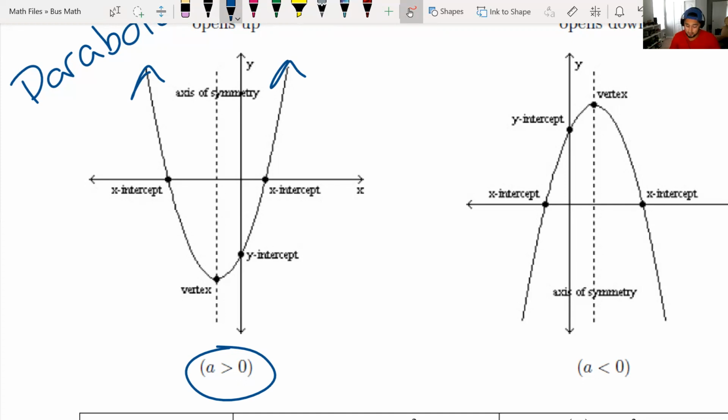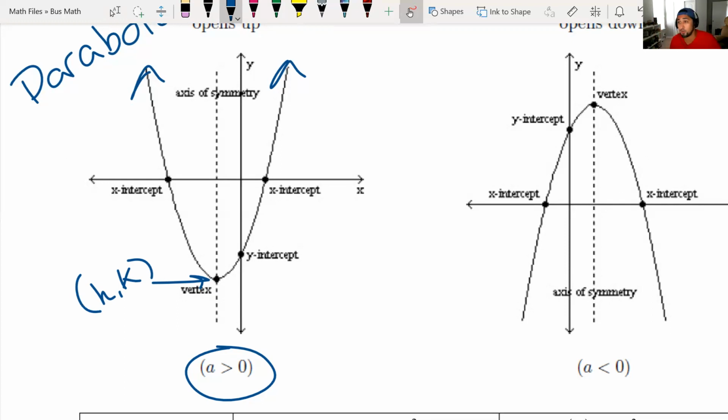For parabolas, the main point of the parabola is called the vertex. And the vertex is always given by the coordinates h, k.